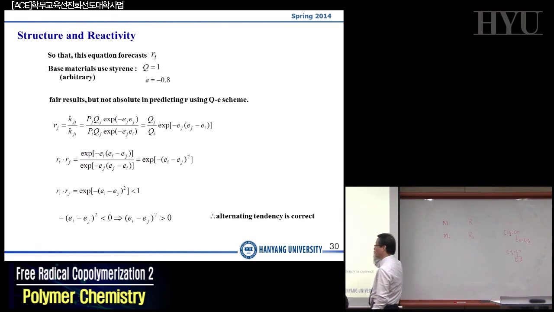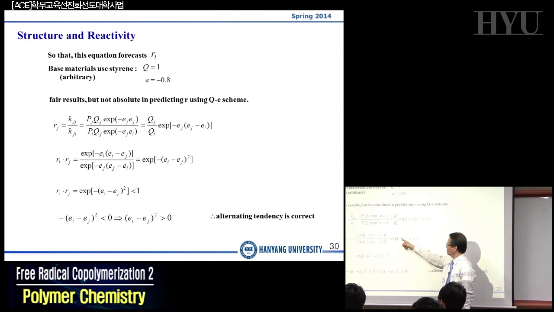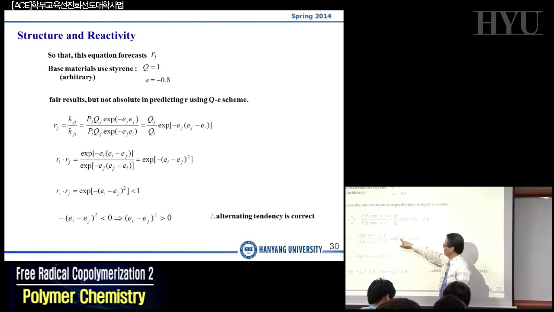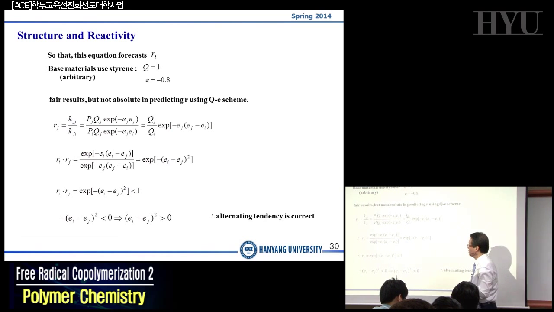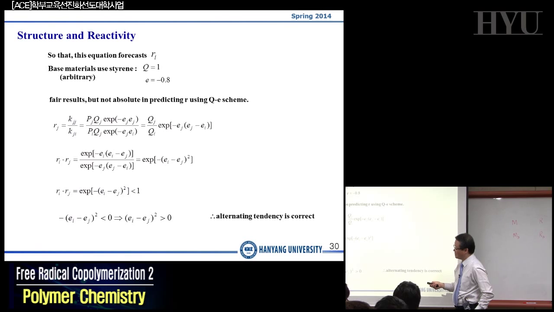Now if you look at this value, Ei minus Ej squared, whatever the value is, the square will of course be positive. With the minus sign in the exponent, the value is always less than 1.